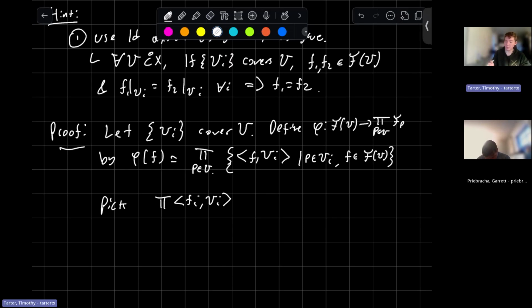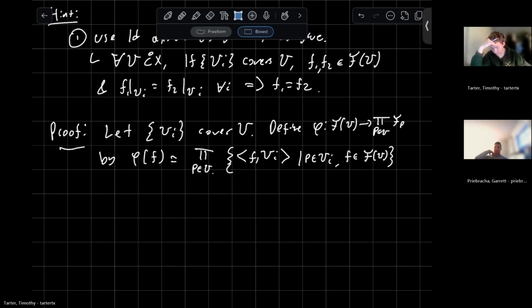Like, this is just a bunch of local rings. This is a product of local rings, which is basically the structure sheaf. Right. If it weren't defined as, yeah, how is this not the structure sheaf, actually? Maybe that's the point of the proof.